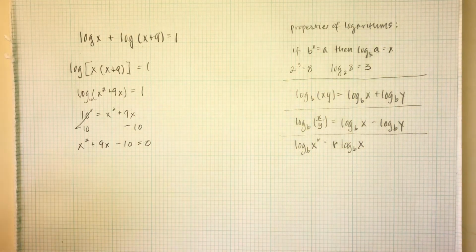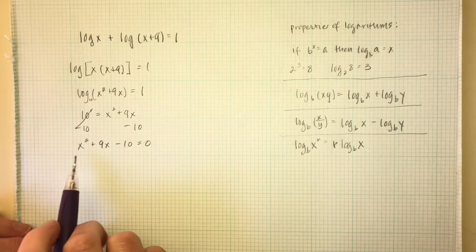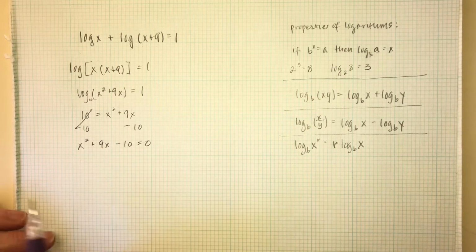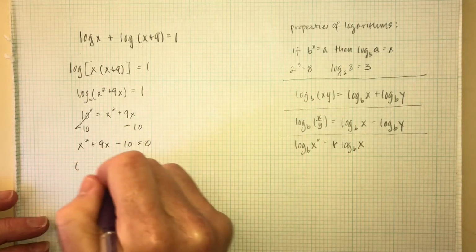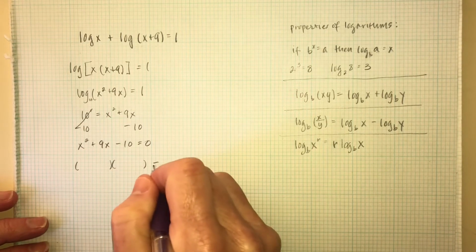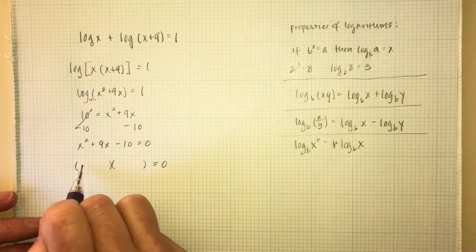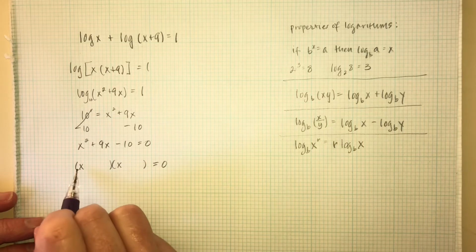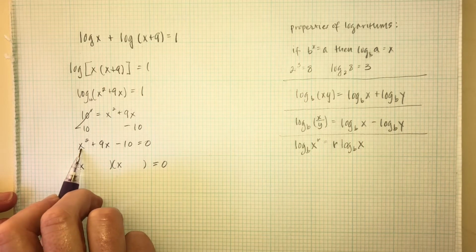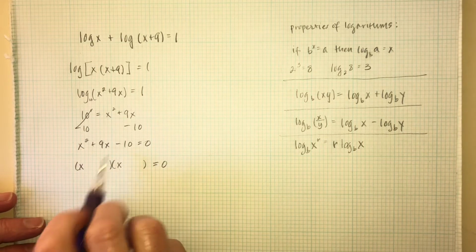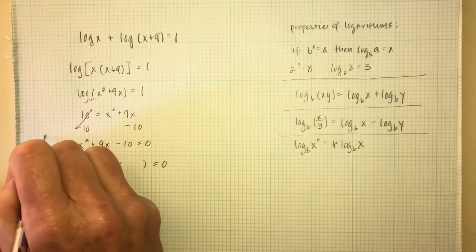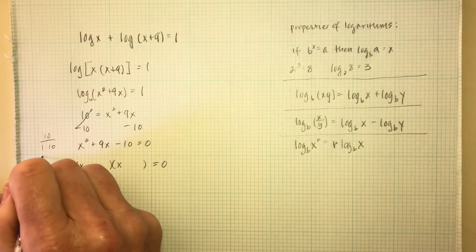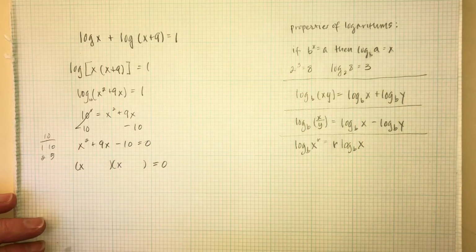And this is an expression that's going to factor. So we have a nice quadratic here, so we can factor it. Here I'll put x and x to give me that x times x for x squared. And then the factors of 10 would be 1 times 10, 2 times 5, and that's it.